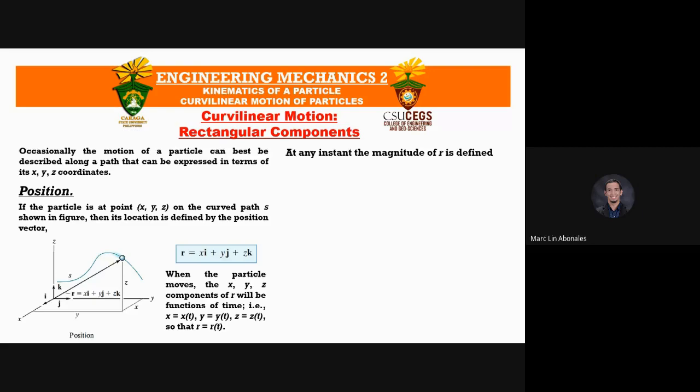And at any instant, the magnitude of r is defined by this formula: r is equal to the square root of x squared plus y squared plus z squared. And the direction of r is specified by the unit vector, which is equal to your position vector r over its magnitude, which can be found from the formula above.